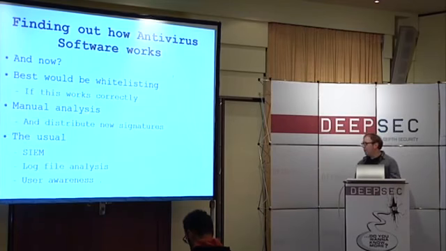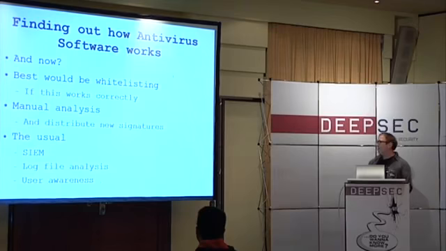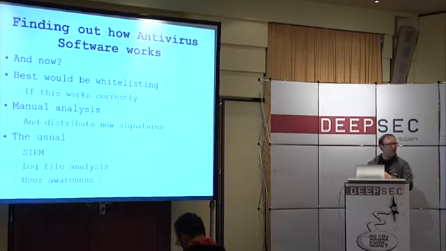You need to do more manual analysis and distribute the new signatures. Maybe this would help, and of course the usual. You can't do so much against an individual attack, so you have to look at what to do afterwards.